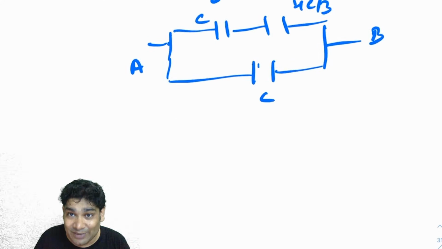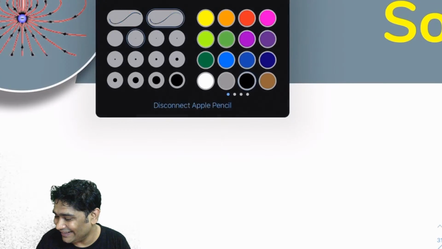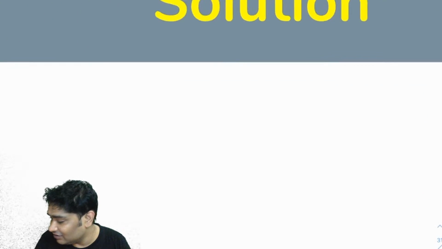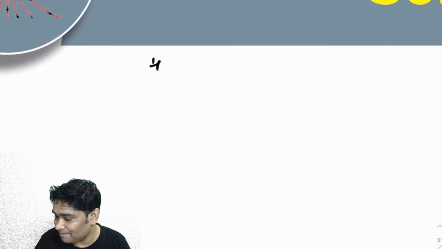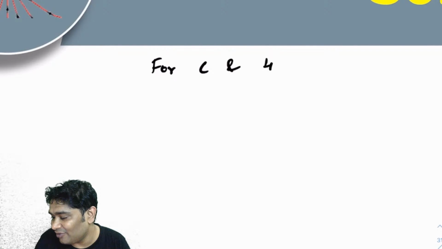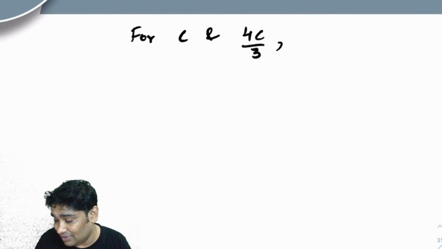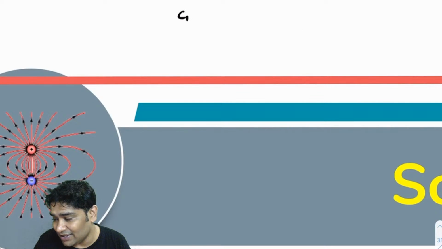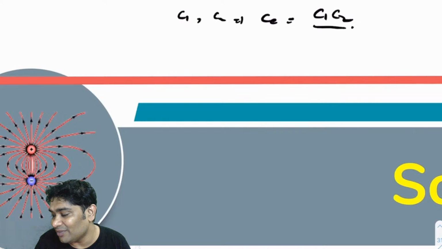Now C and 4C by 3, how much does that make? Let's write. This is C and 4C by 3. If C1 and C2 are in series, then C equivalent is C1 C2 over C1 plus C2.